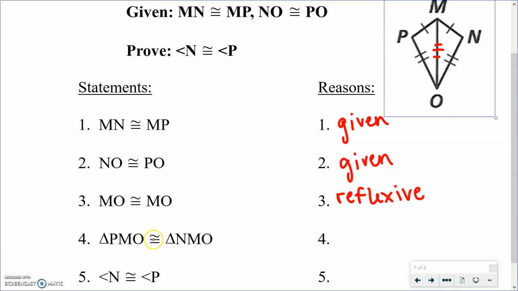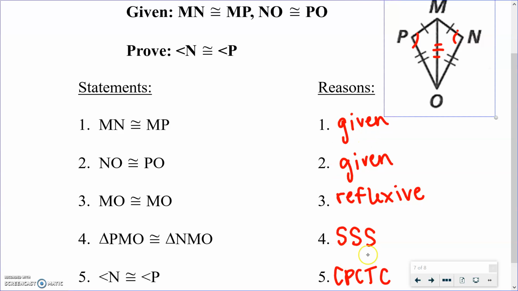So triangle PMO is congruent to triangle NMO, and it's by side, side, side congruence. And then therefore, we can say that angle N and angle P are congruent by CPCTC, which again is corresponding parts of congruent triangles are congruent.